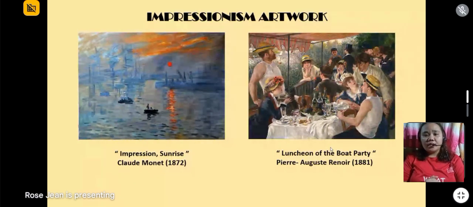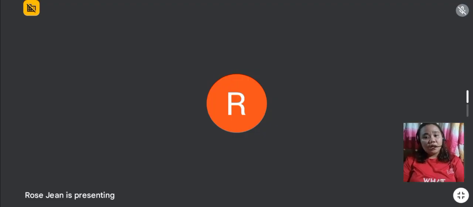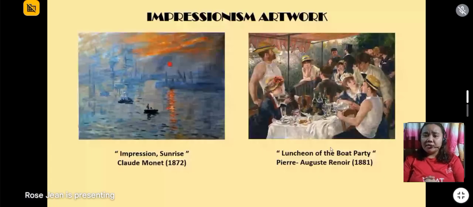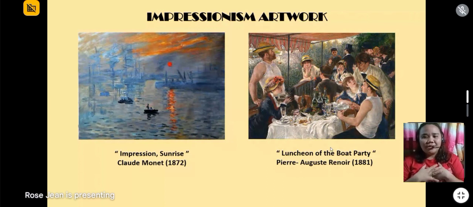So Impression, Sunrise, this painting created in 1872 is often considered the essential work of Impressionism. It depicts the harbor of Le Havre at sunrise, meaning the harbor or the port, with loose brushstrokes and a vibrant color palette capturing the fleeting effects of light and atmosphere.